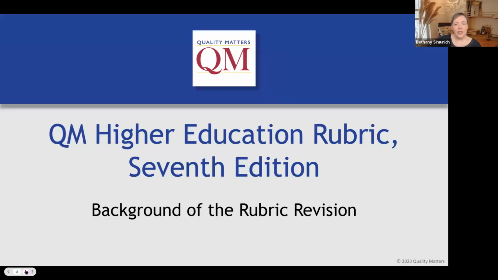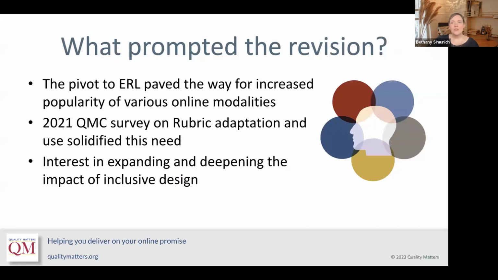So a little bit of background about why we decided to embark upon a rubric revision at this time. So what prompted the revision? There's a little context here. Back in the spring of 2020, when we had the pivot to emergency remote learning, a lot of that really created this pathway for an increased popularity of online modalities, especially synchronous at the time.